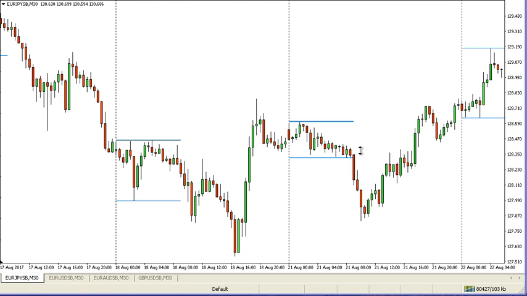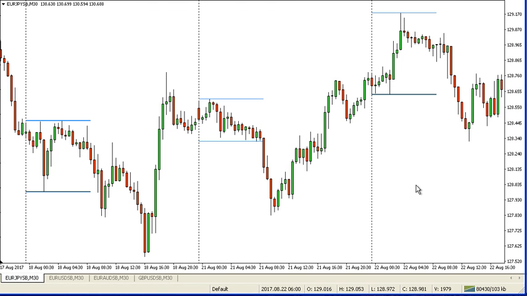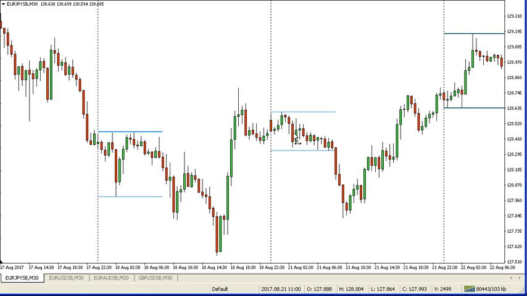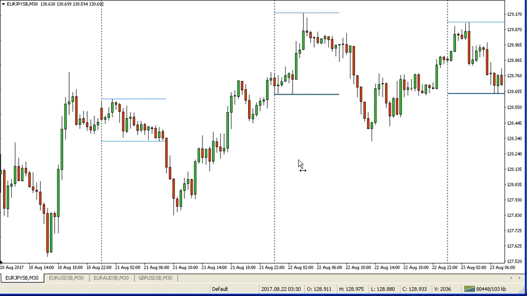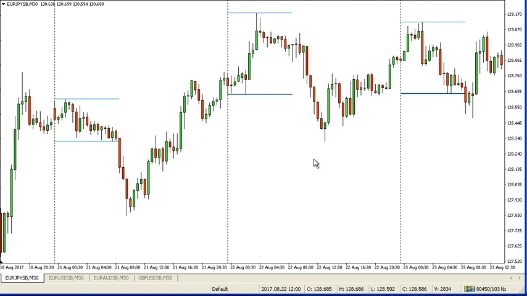In this instance, all three of those, I think definitely two of them. Let's have a look. Yeah, I think all three of those went to TP. So you see with this version, it's much more aggressive in the stacking.